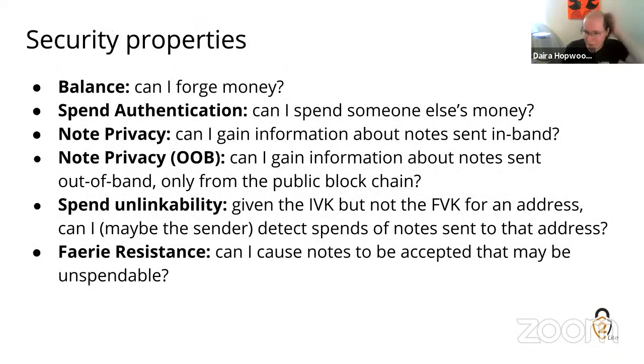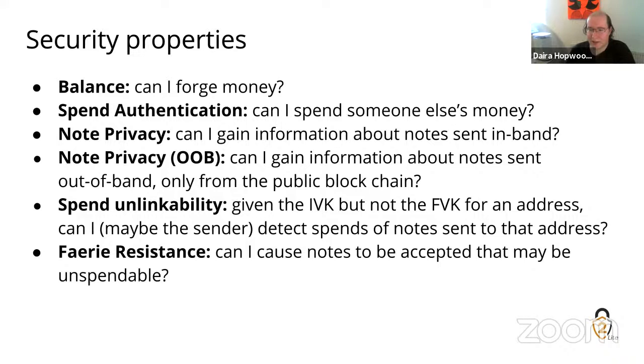Okay, so what security properties do we want from a decentralized payment system? We want balance. Do transactions preserve the total amount of money? You can actually always send money to a key that no one knows, so you can destroy money. But the point here is, can you create it out of nothing? We need spend authentication, so I shouldn't be able to spend Sean's money, for example, without knowing his private keys.